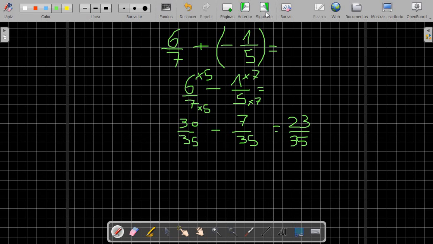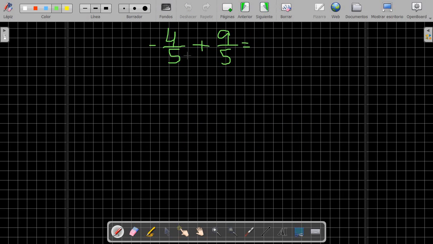Now, what could happen in a case like this? Minus 4/5 plus 9/5. Here I have an addition of a negative and a positive. Fortunately, we have the same denominator, so I'm going to place a 5, and I'm going to write down here minus 4 plus 9, which is equal to 5, a positive 5, by the way.